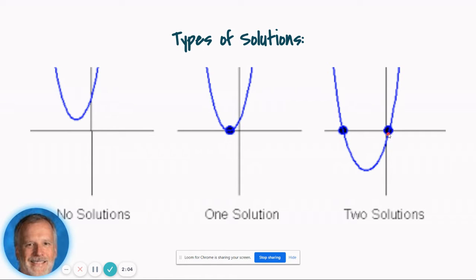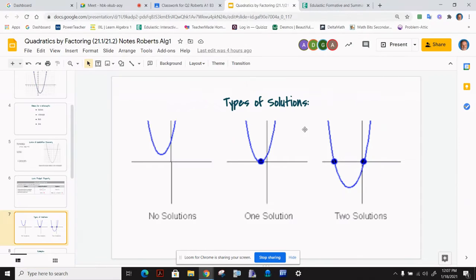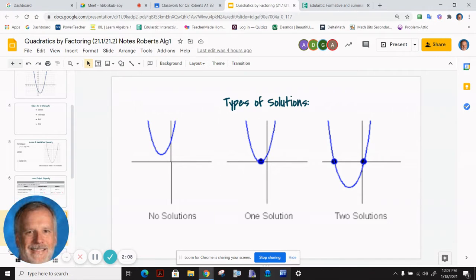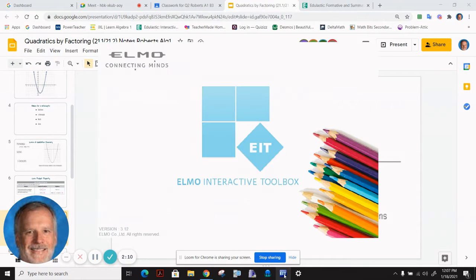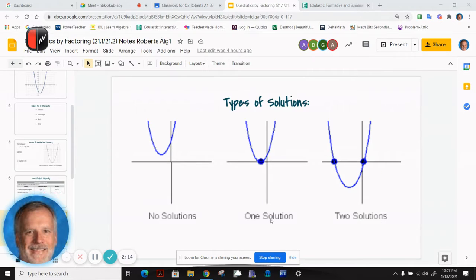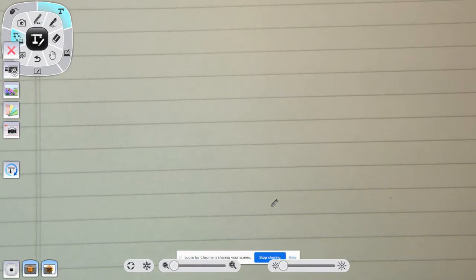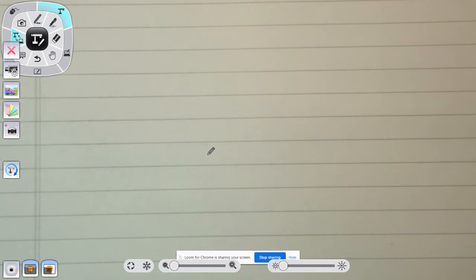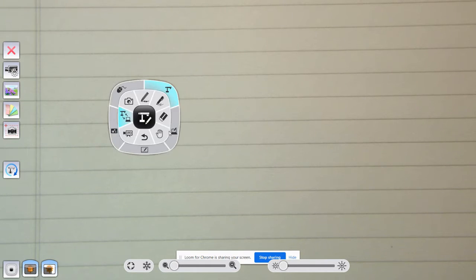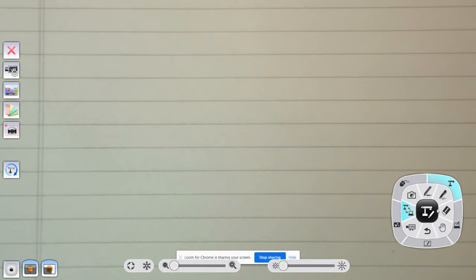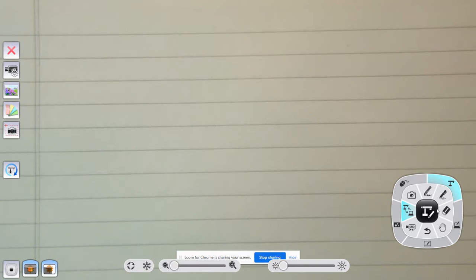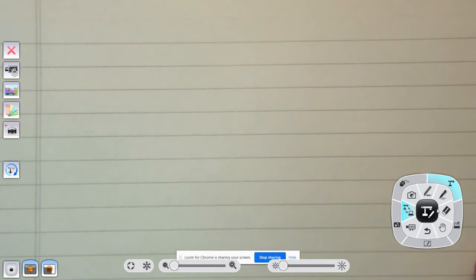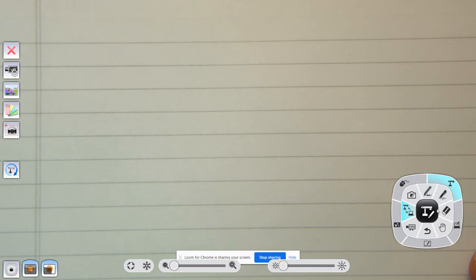So when we're finding solutions to quadratic equations, what we're doing is finding the location where that parabola crosses the x-axis. There are several ways to solve them, and we're going to start out today solving them not graphically, so you don't have to worry about graphing them.